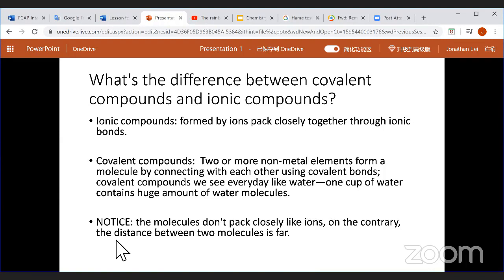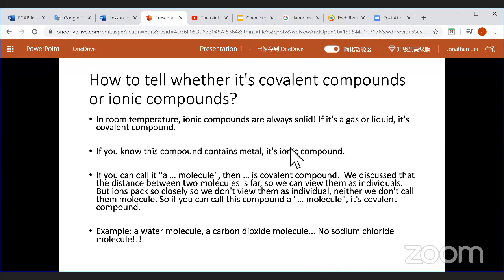And here's a tip. Molecules don't pack closely like ions. On the contrary, the distance between two molecules is far. And this can also help us judge whether something is a covalent compound or an ionic compound. How to tell?